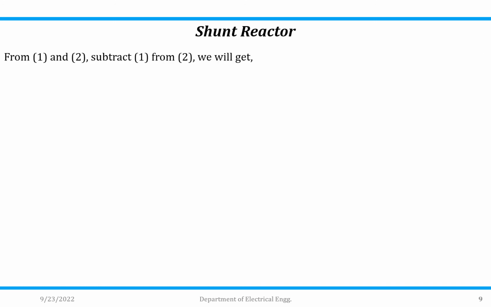Now from equations 1 and 2, if we subtract equation number 1 from 2, then we will get V2 star minus V2 equal to minus X upon V1 into Q reactor. Already we discussed what V2 star is: it is the receiving end voltage when we have shunt compensation by the reactor. V2 is the receiving end voltage when we don't have shunt compensation by the reactor.